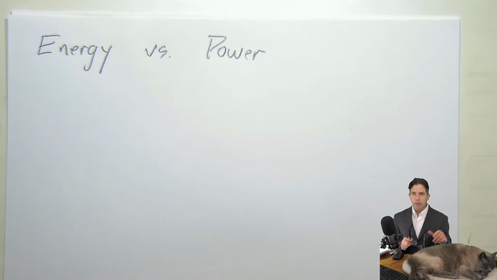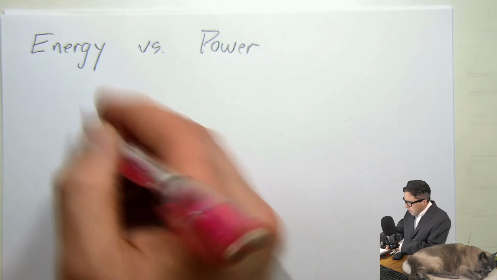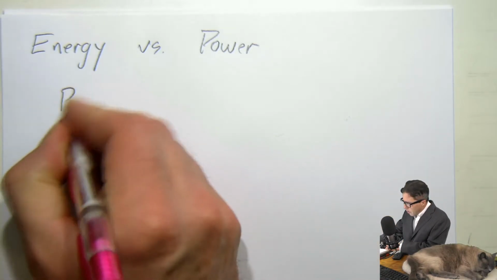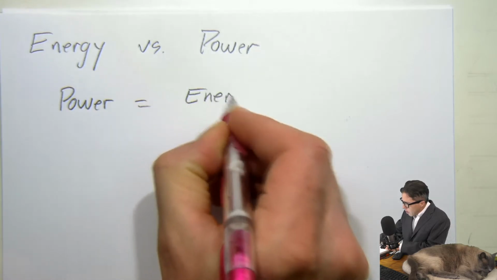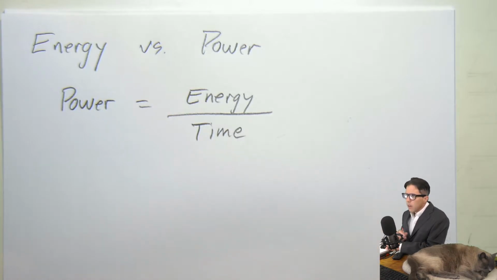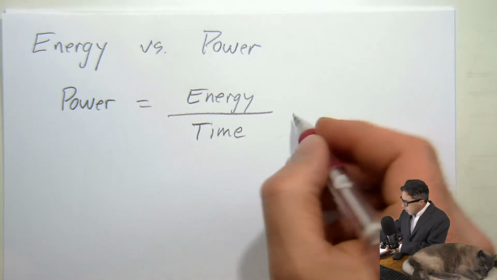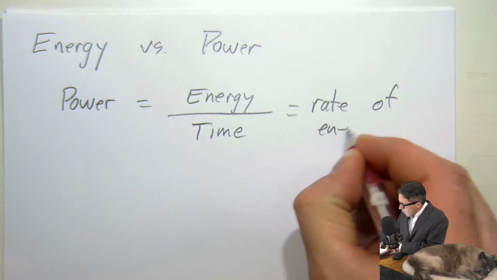That's where we're headed with all this, okay? To get there, there are a couple of things that we've got to know. One is energy and one is power. They're related to each other, and power is how much energy you use over the time that you use it. You can think of this as a rate of energy consumption.